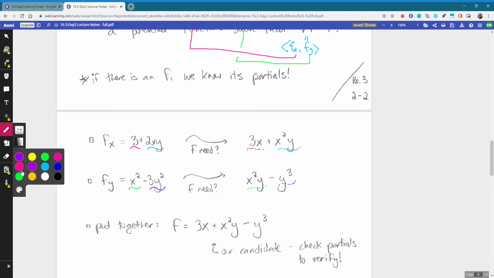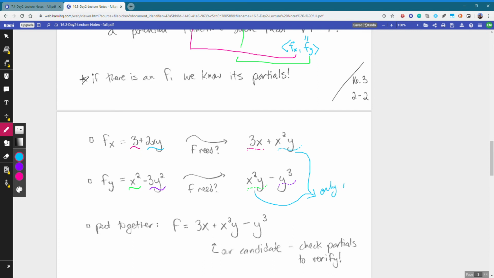And notice that two of these pieces of information match up, right? From fx, we saw that our function needed x squared y, and from fy, we also saw that our function needs x squared y. All that tells us is that our function needs x squared y.